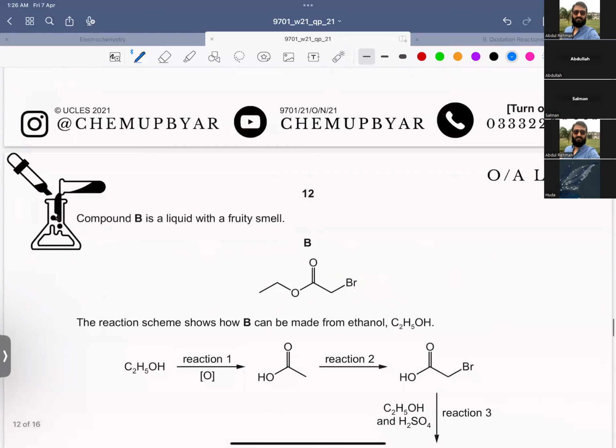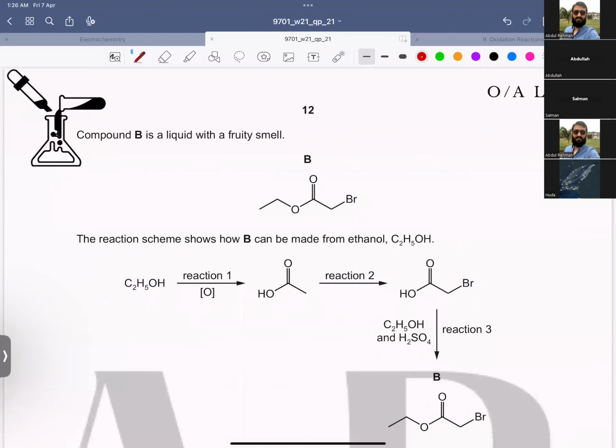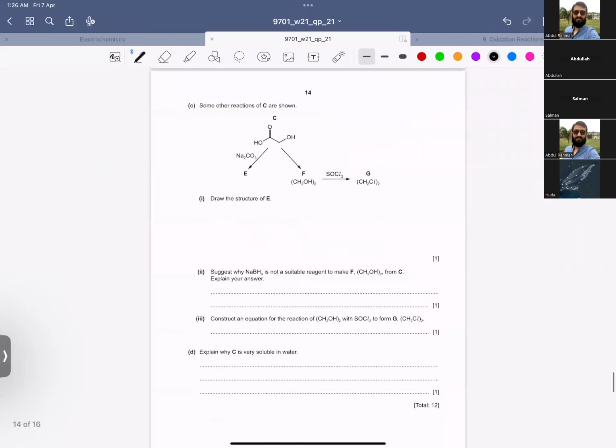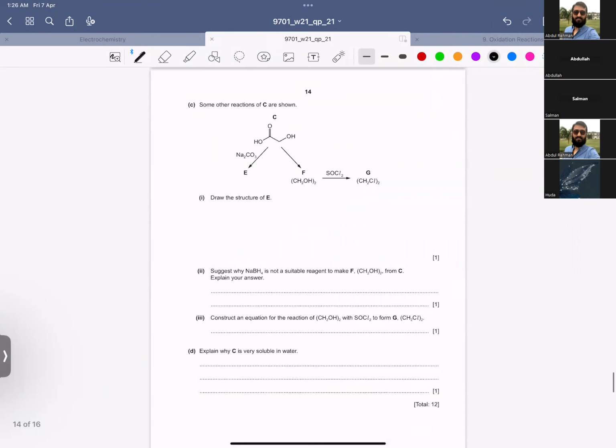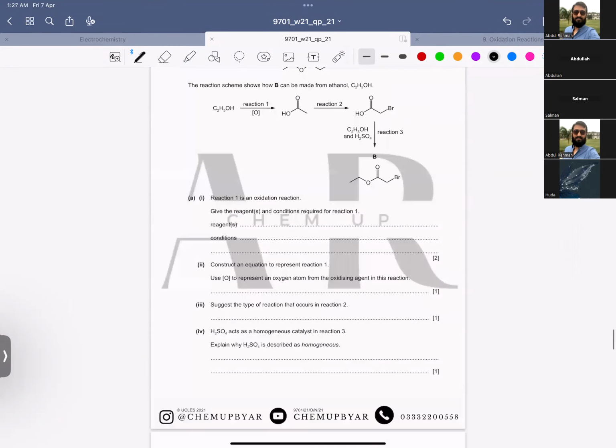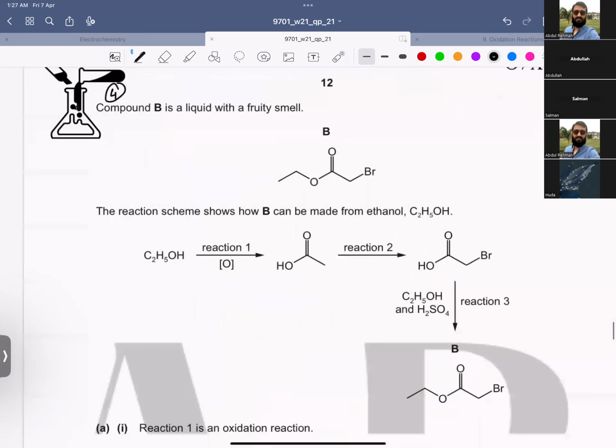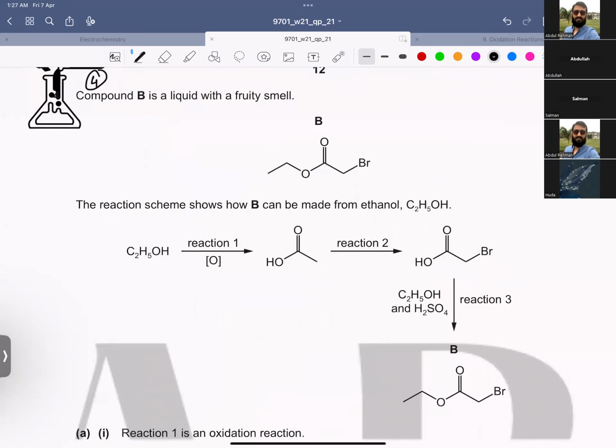Okay. Now, this is question number 4. Let's give it a try. Compound B is a liquid with a fruity smell.